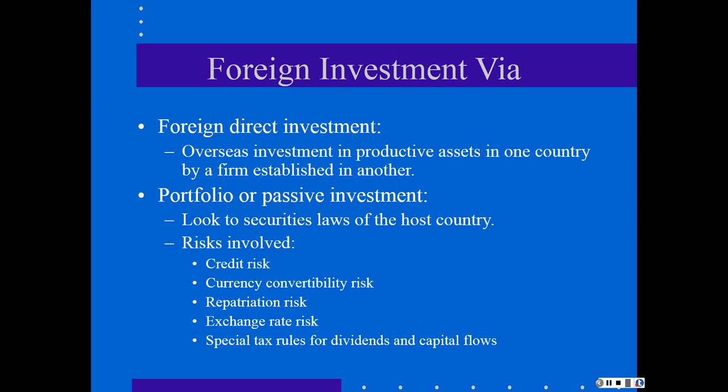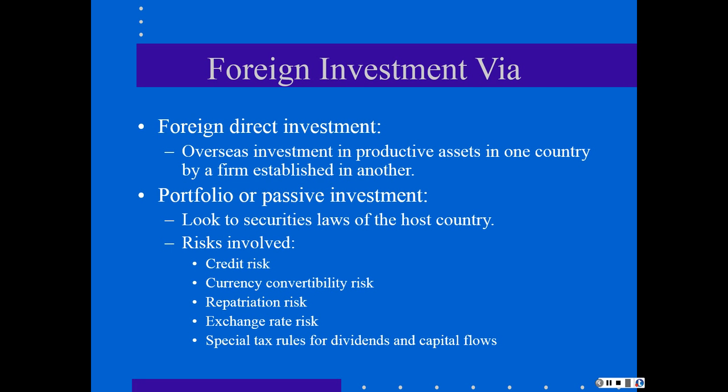And then there are special tax rules for dividends and capital flows, generally within the U.S., other than the rules from Subchapter F of Chapter C of the Internal Revenue Code dealing with corporations. These foreign-controlled corporations are given tax preference.